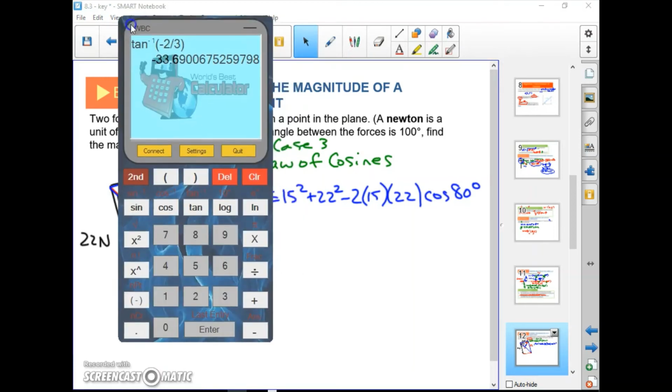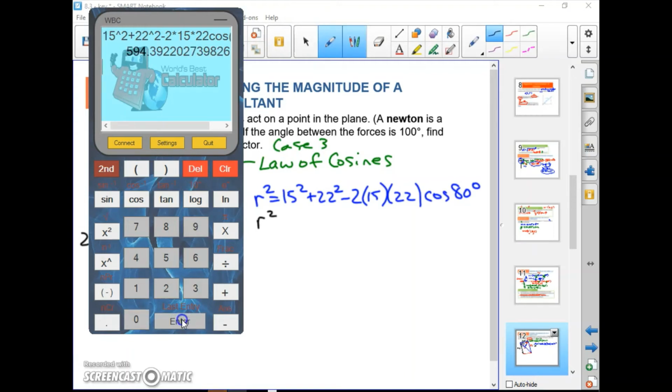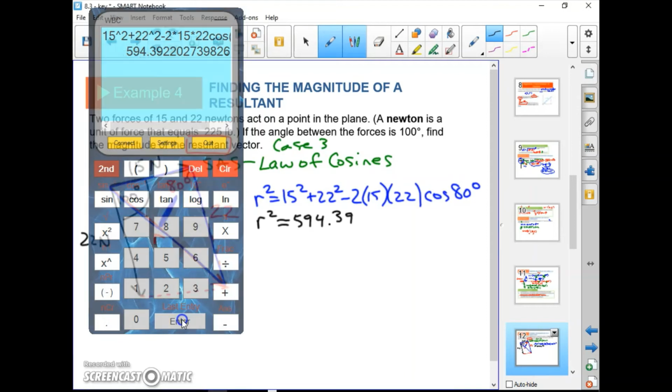So good news is we're just going to plug that into a calculator. Let's see what happens. 15 squared... We're getting r squared is about 594.39, I guess. I'm not going to write down the whole thing because I'm not finished with r.